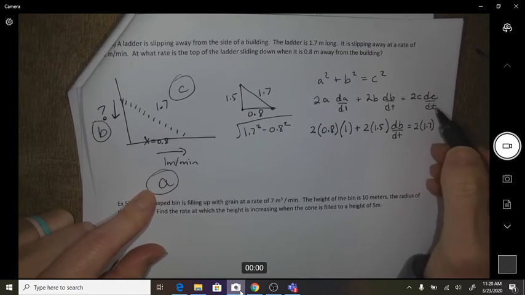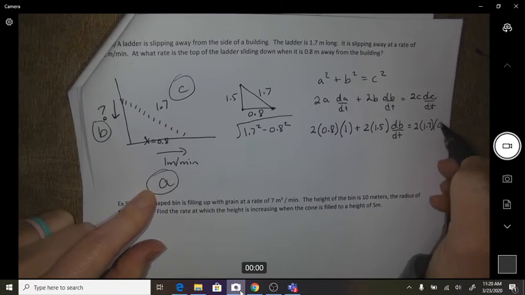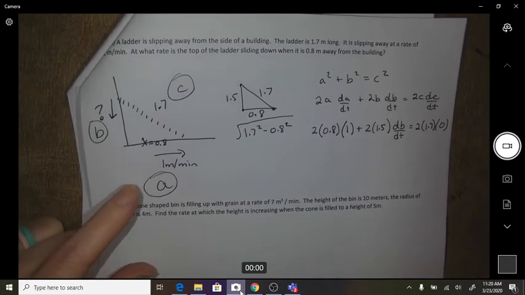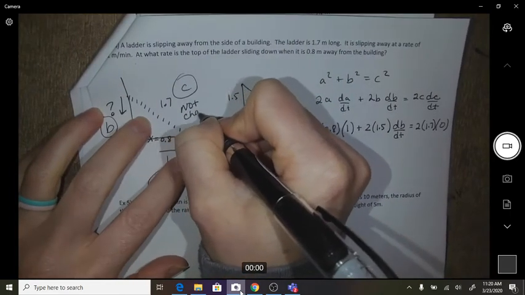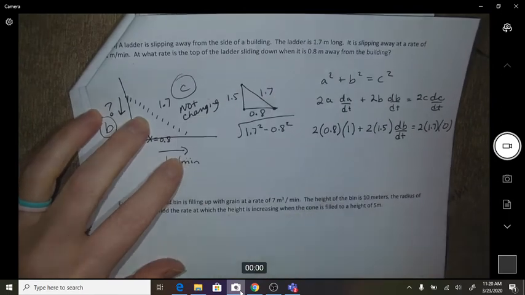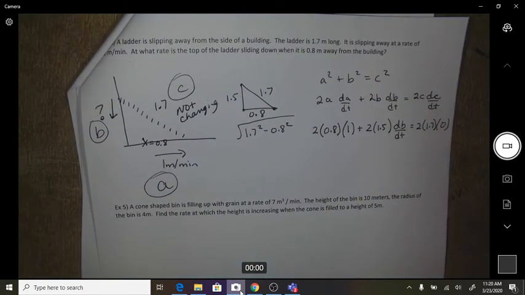And what is the rate that c is changing with respect to time? Well, that would be 0. The ladder distance is not changing, right? That side would never be changing.